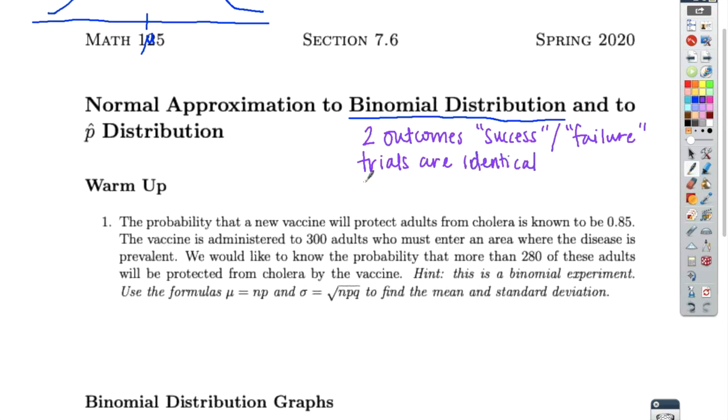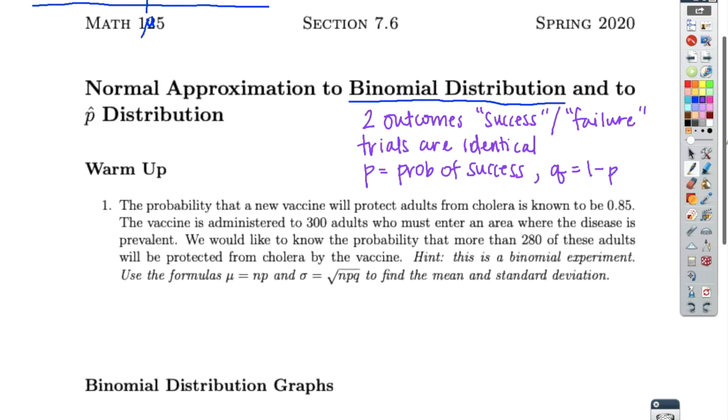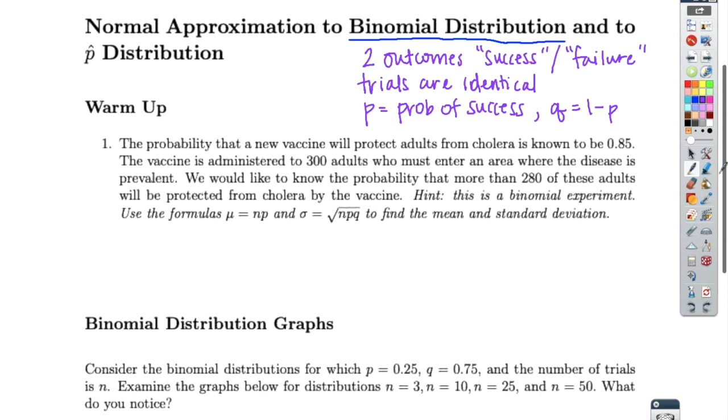And then we say p is the probability of success, and we say q is the probability of failure. So basically q is everything that's left over after p. Okay, so recalling that, let's start our warm-up.